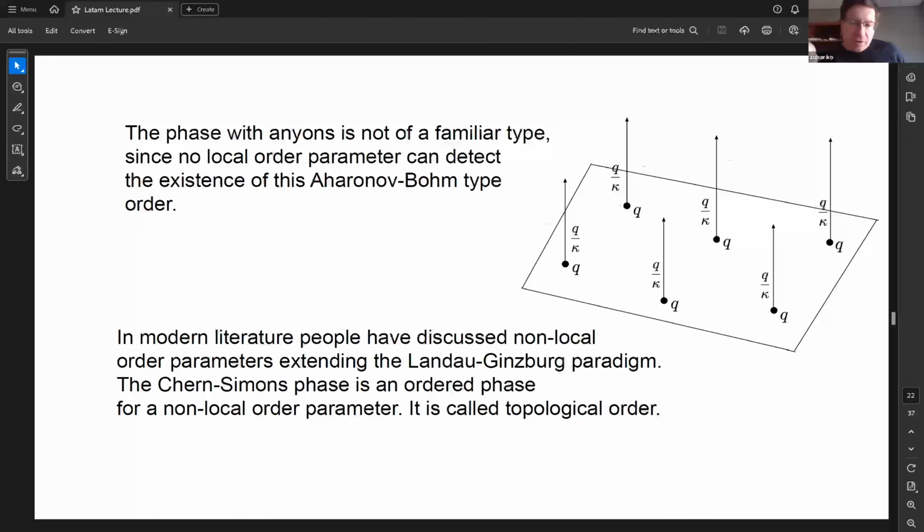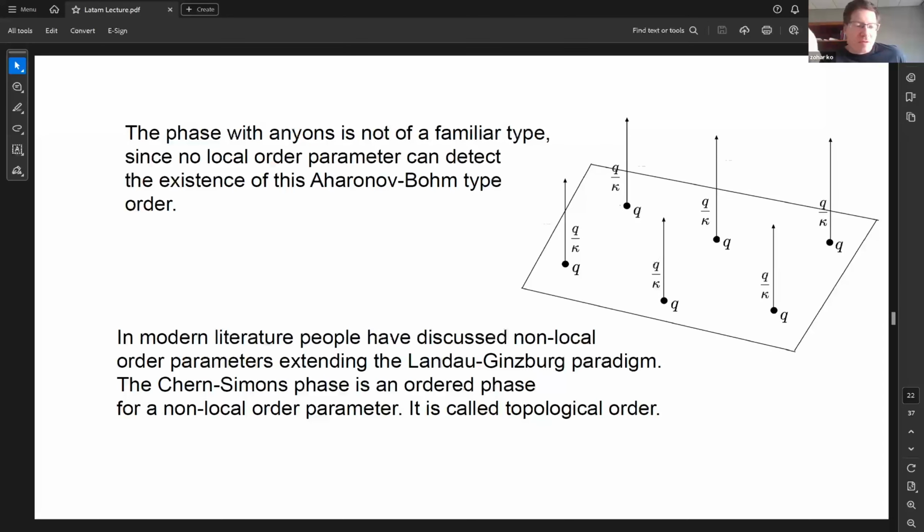So how do we detect a solid from a liquid? We detect a solid by an order parameter because the solid has a broken translational symmetry. So if we measure some local order parameter, like the expectation value of some operator with some typical momentum k, we will see that there is a solid structure.